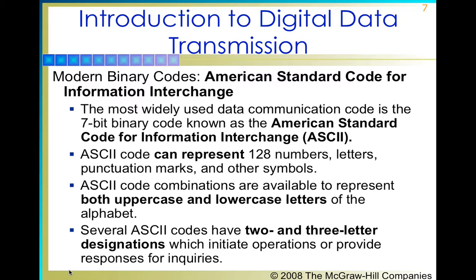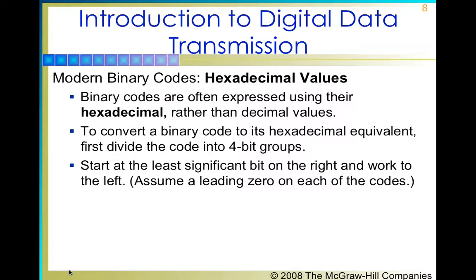We have the ASCII standard of codes in the modern binary code, which is the American Standard Code for Information Interchange, which is used to represent about 128 numbers, letters, punctuation marks and other symbols. They have 2 or 3 level letter designations, and they can also represent upper and lower case letters, and they were very popular and are widely used nowadays.